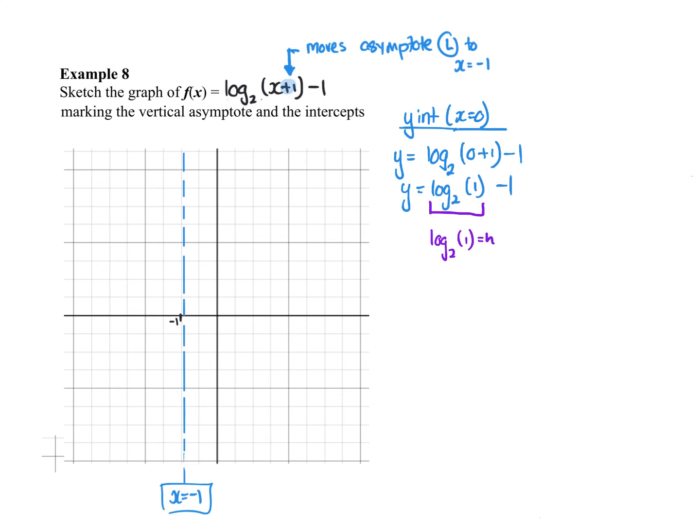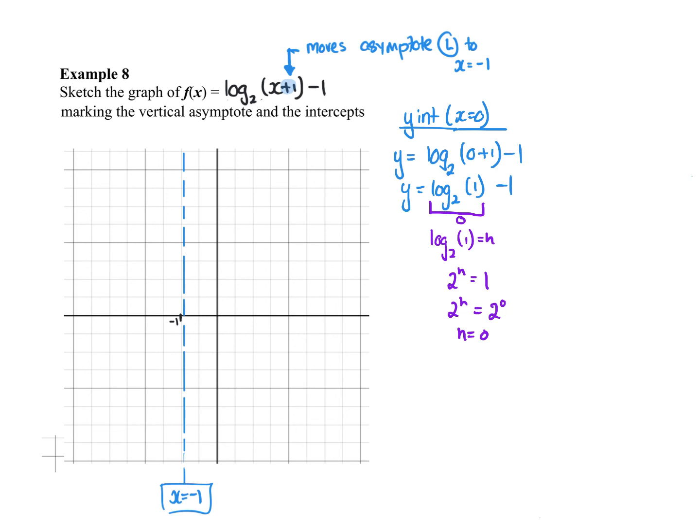Do you remember when we said we could say 2 to the power of h equals the 1? And then I try to match up the bases. 1 can be written as 2 to the power of 0, can't it? Yeah, so h equals 0. So I know that this part is worth 0.